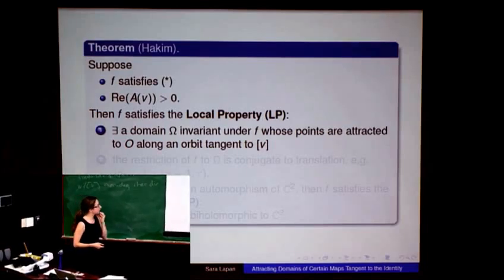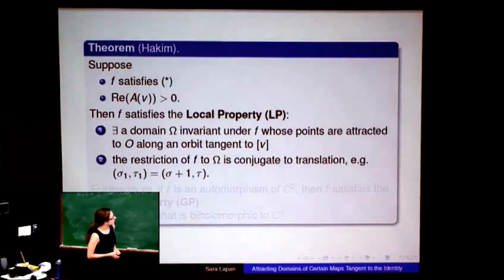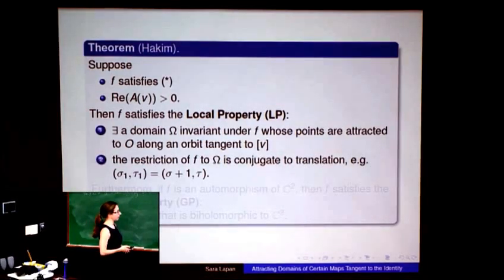The first condition: there exists a domain omega invariant under f whose points are attracted to the origin along an orbit tangent to v. And the second: the restriction of f to omega is conjugate to translation. So in the first coordinate we have translation, and the second one identity.